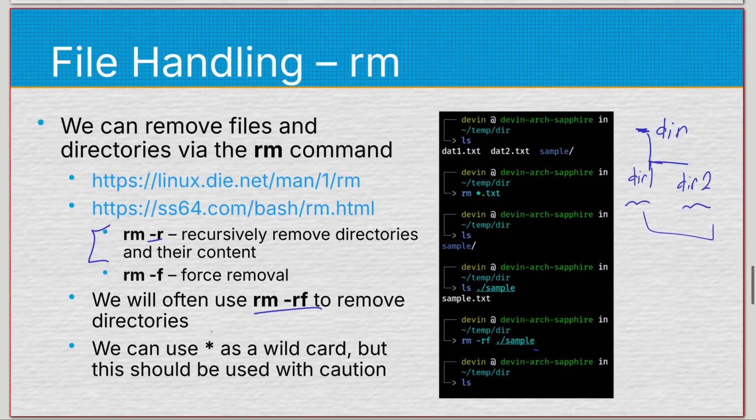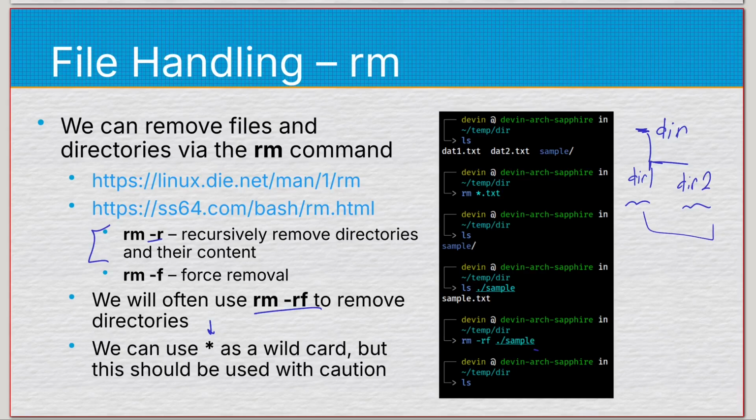And then since we're on the point of removing, this isn't just with remove, you'll see this with lots of things, but using an asterisk as a wildcard can be very, very helpful, but it is something that should be used with caution, because once you commit to doing that, it is going to use everything with that naming scheme in mind.